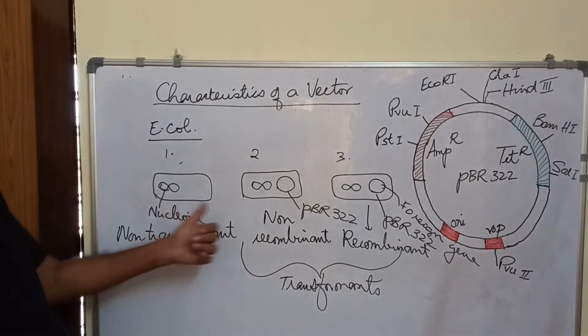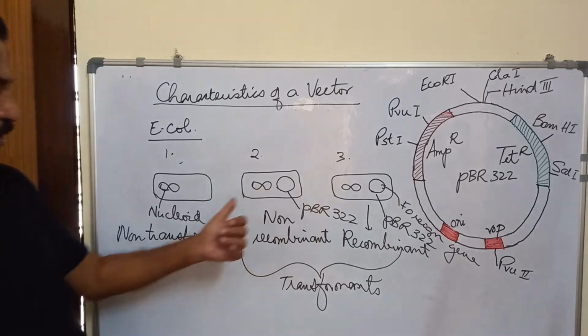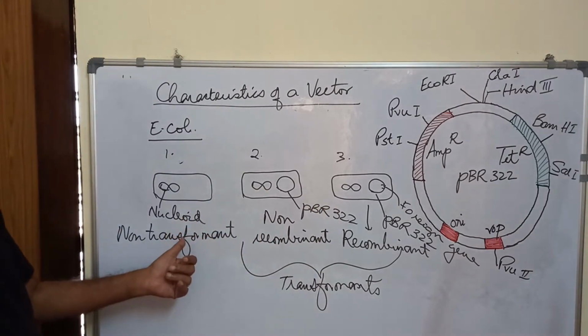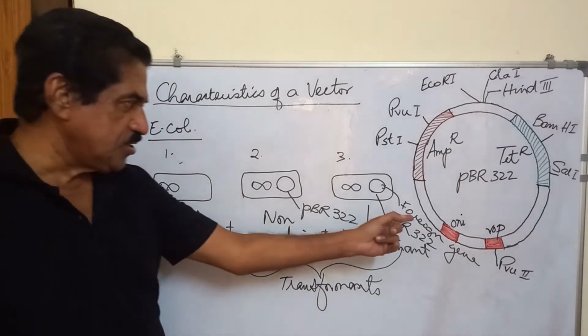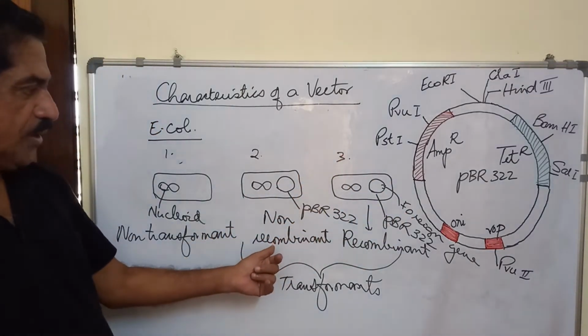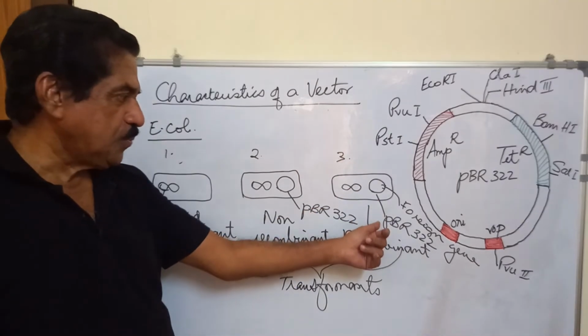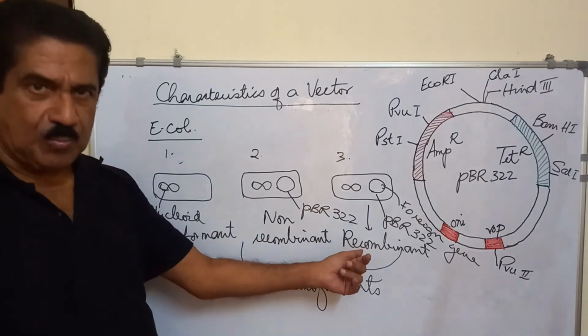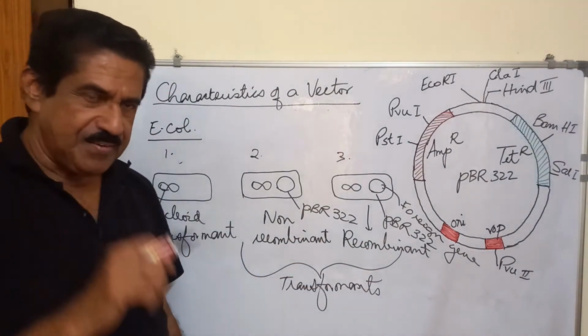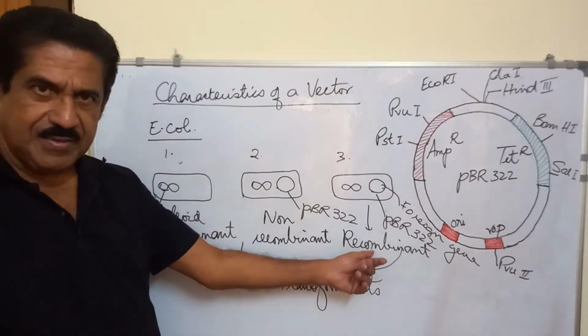So we get three types of E. coli: one in which there is no pBR322, which is non-transformant; one in which there is pBR322 but no foreign gene, that is called non-recombinant; one in which both pBR322 and the foreign gene are there, that is called recombinant. We are interested only in the recombinant bacteria.